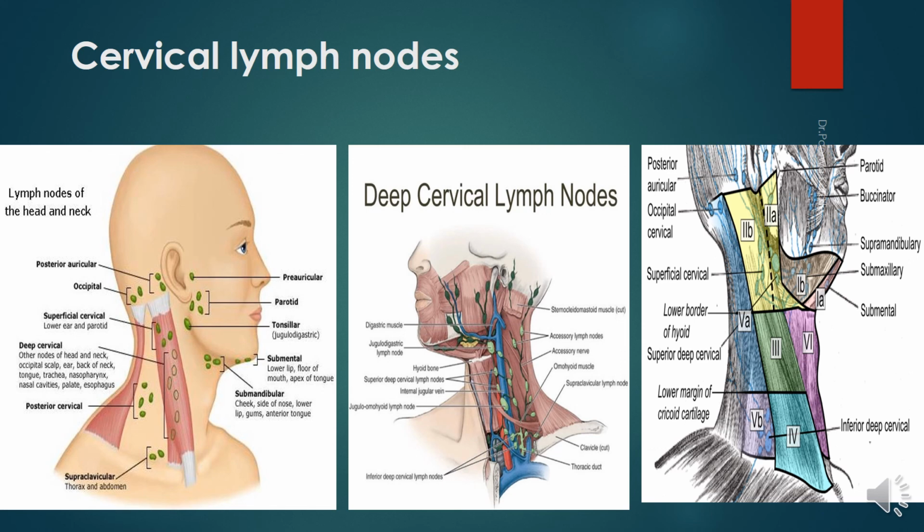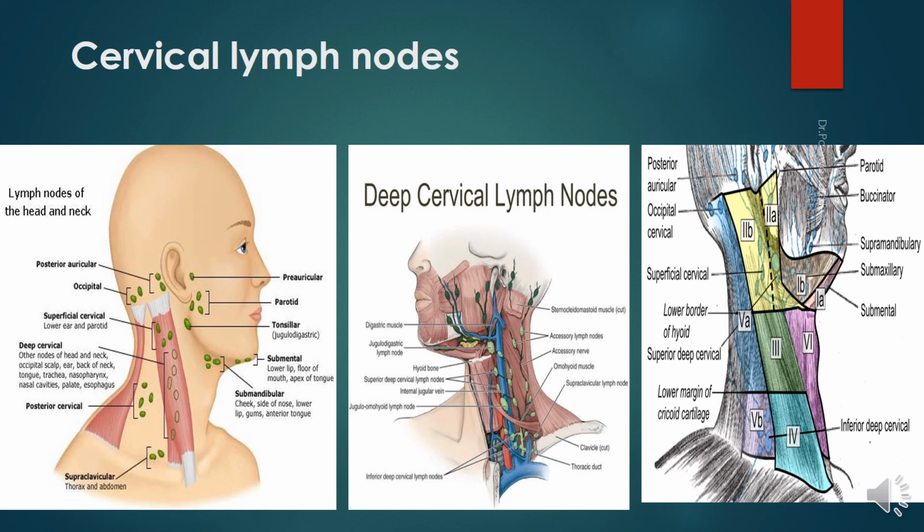Then the second group is tender, enlarged, inflamed nodes. These are indicative of active infection. And the third variety is stony hard fixed nodes. They feel like marbles that cannot move from the underlying structure, and they usually represent some kind of neoplasia.